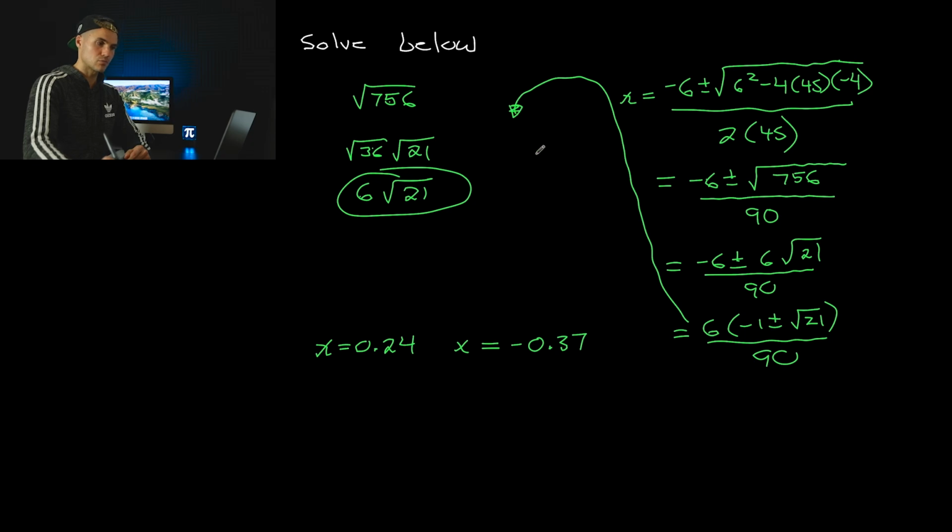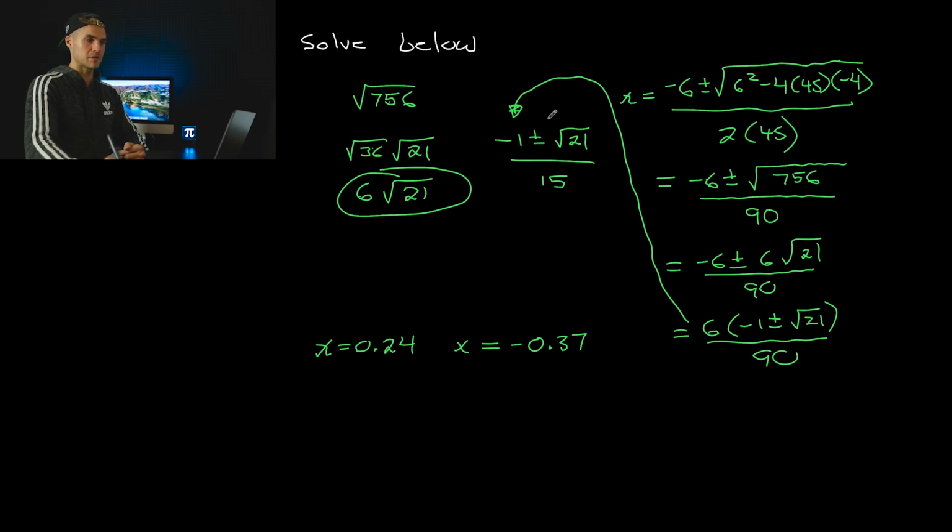Just running out of room here. And then 6 divided by 90, that's 15. So we got negative 1 plus or minus root 21 over... 90 divided by 6 is what? It is 15, right?